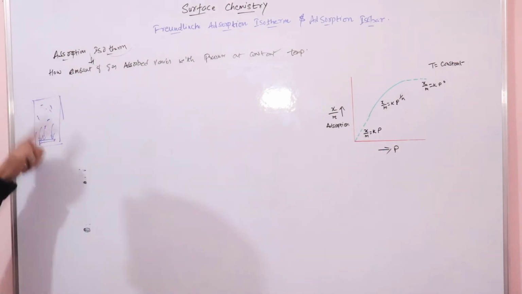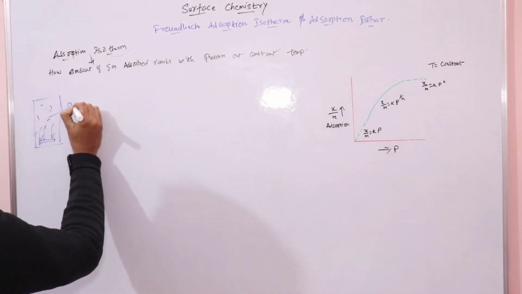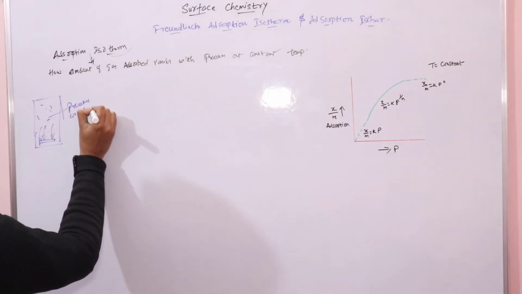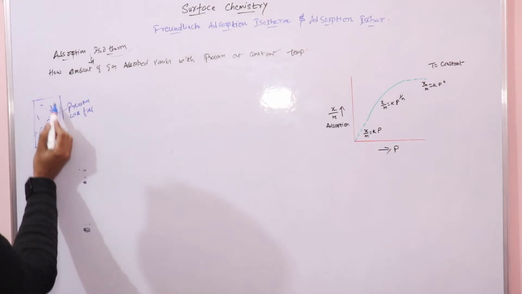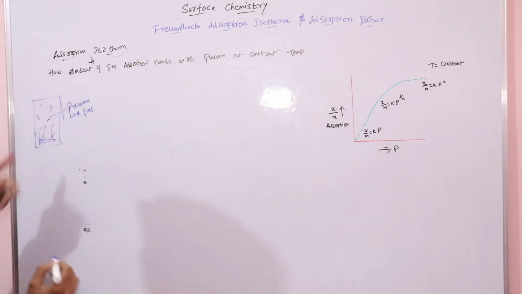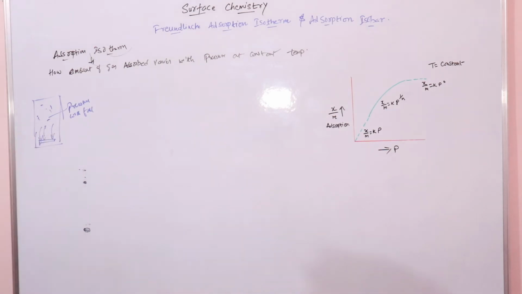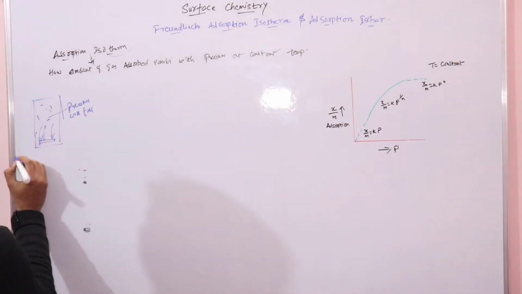So initially the pressure will fall. Why? Because the amount of gas in this vessel will decrease because this solid will adsorb the gas on its surface, right?